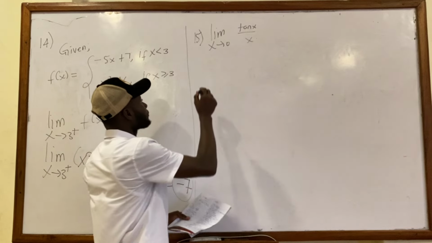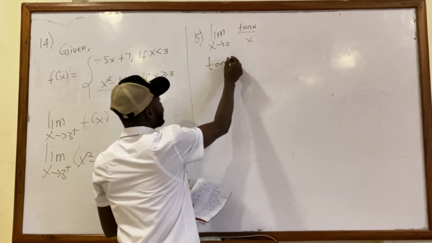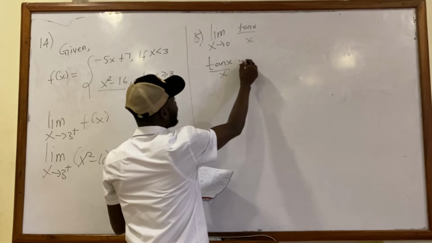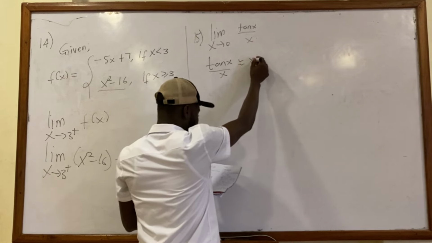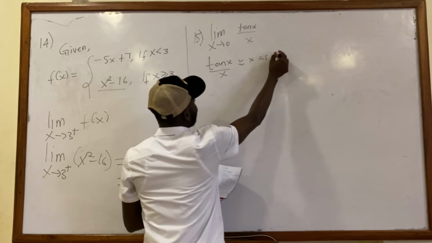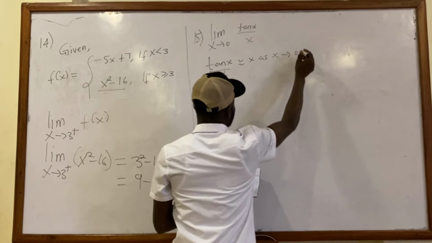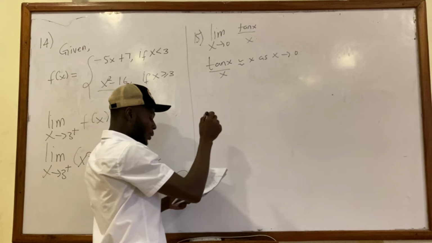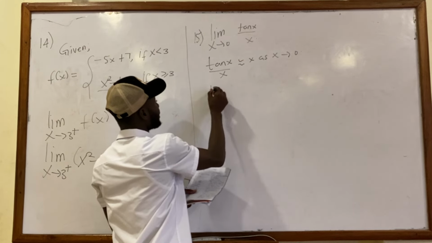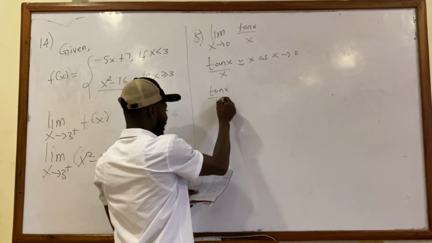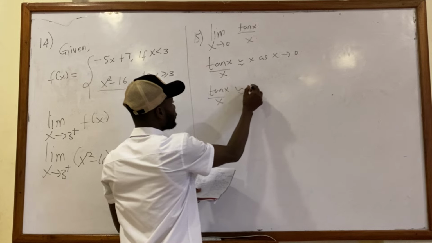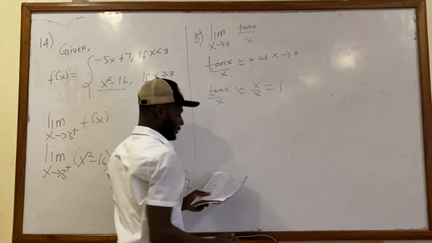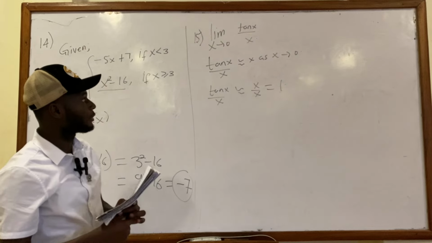So therefore, we can say that tan x over x is approximately x over x as x approaches 0, and that is equal to 1.